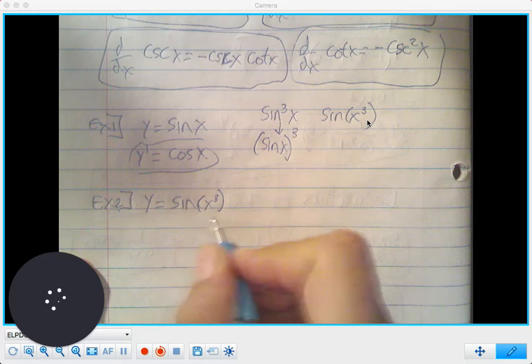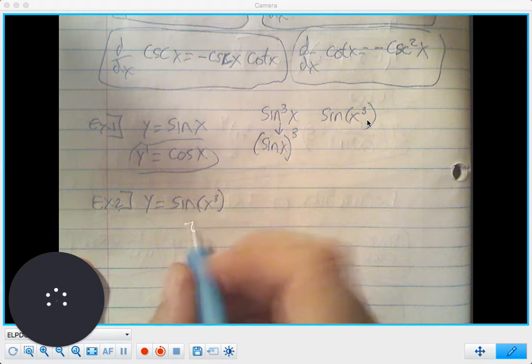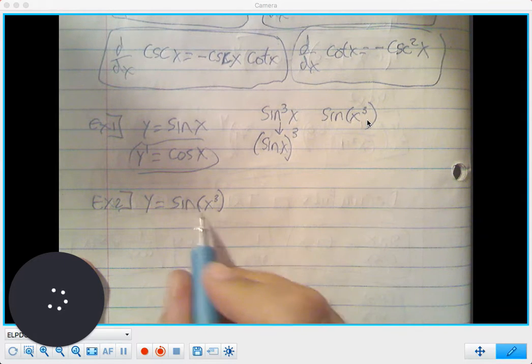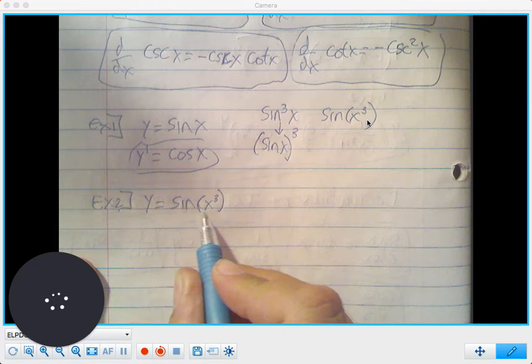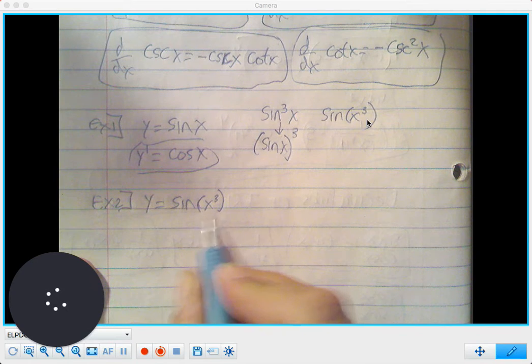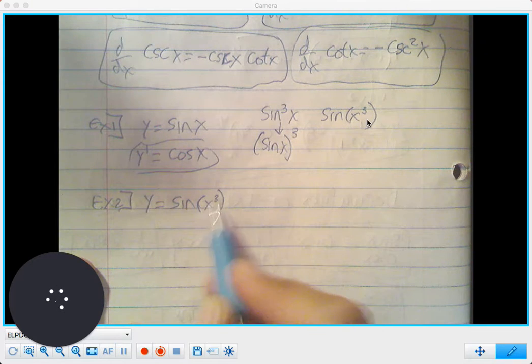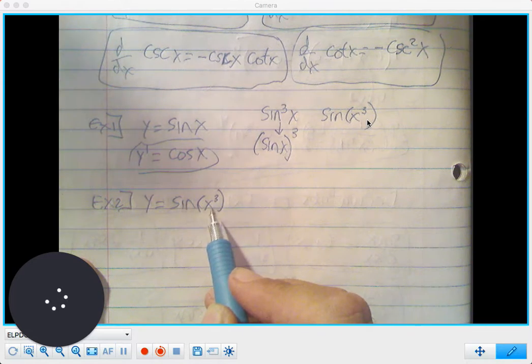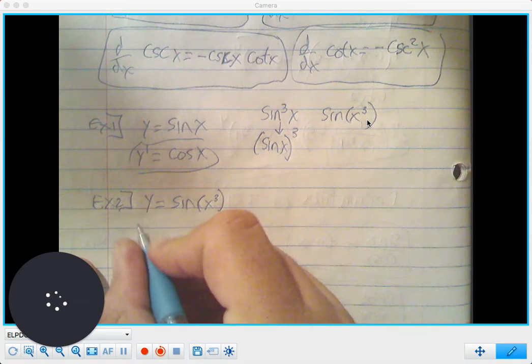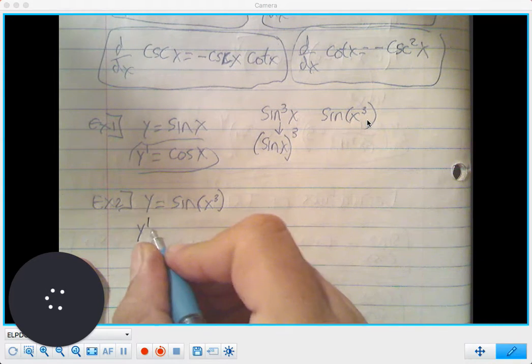When we take the derivative of any of the trig functions that have something inside other than just the variable, meaning just x, you need to use the chain rule. What does that mean? You know how we said you copy the same thing?